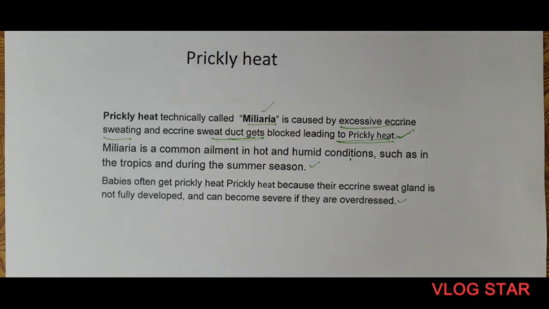Babies often get prickly heat because their eccrine sweat gland is active, but they are in the process of development. It's not fully developed. And adding to this, in extreme humid conditions, if the babies are overdressed, the incidence of prickly heat can be very high.